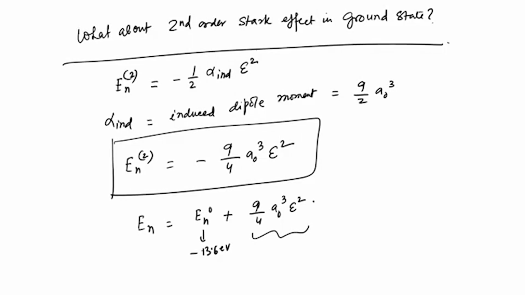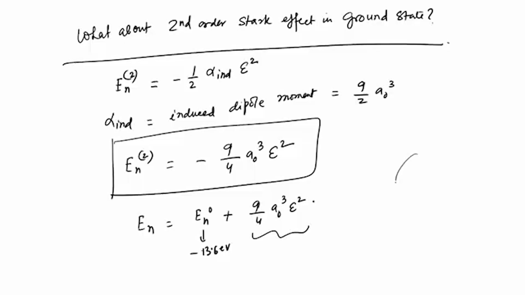Okay. So, we have talked about degenerate perturbation theory and how the Stark effect can be analyzed, and that the first order Stark effect on the ground state is equal to 0, and that happens because the S orbital is spherically symmetric. So, the electric field, which tries to create a dipole moment on a spherically symmetric orbital, does not have any effect. And we saw it for the first order Stark effect in the first excited state.